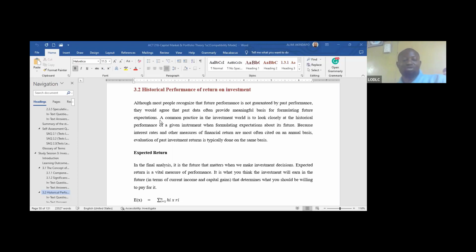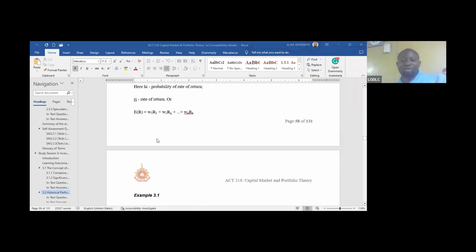It's always good at times to look at its historical performance. So it will help you to prepare for what is coming in the future. Because interest and other measures of financial return are most often cited on an annual basis, evaluation of past investment return is typically done on the same basis. So we have the expected return, as I've said the other time. Same thing.